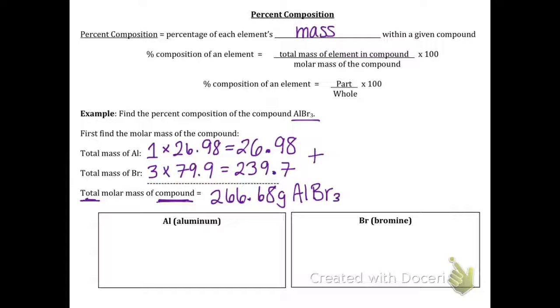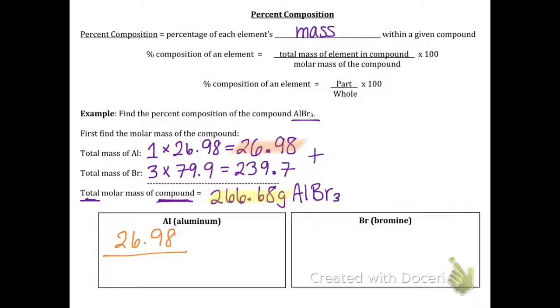Pretty easy. Let's start out with aluminum. Aluminum is here, 26.98, and then we have the total, which is down here. So I'm going to write 26.98 divided by the total.